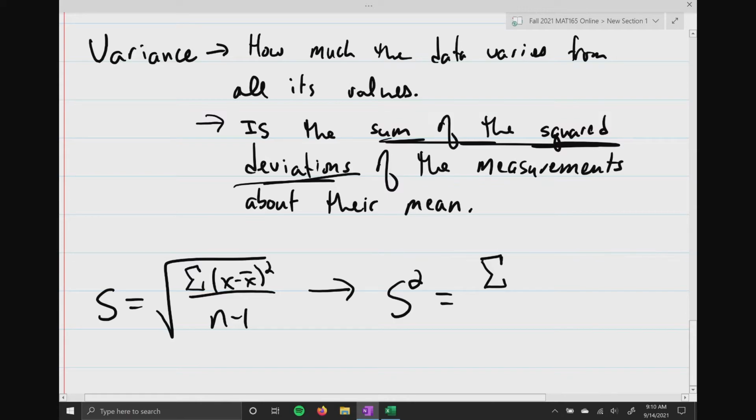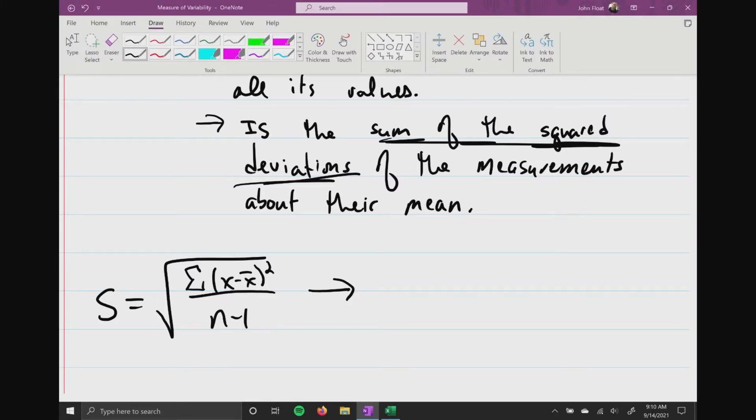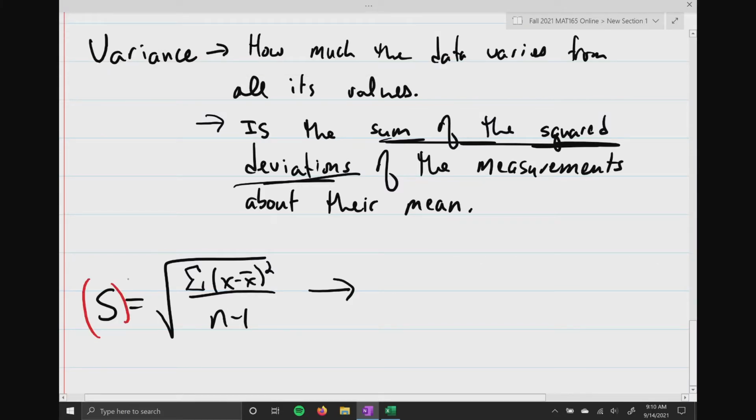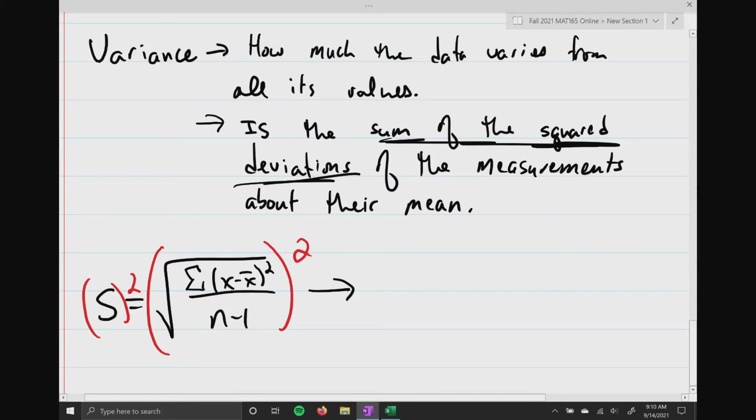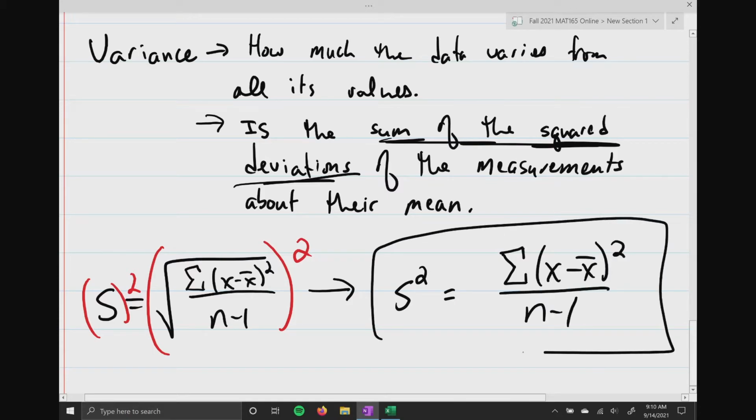If we take our standard deviation and square it, meaning we square both sides of the formula, what we get is the variance. And here is the formula for variance. So if you calculate the standard deviation and square that number, you get the variance.